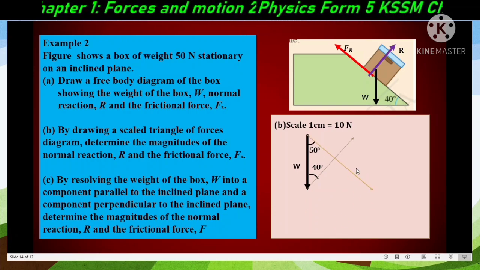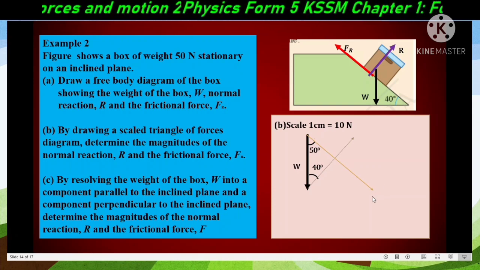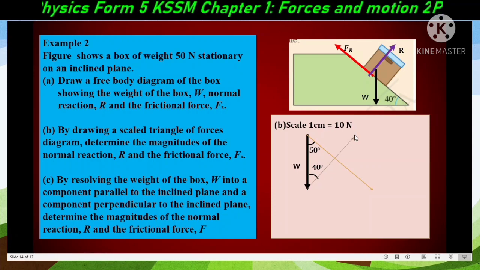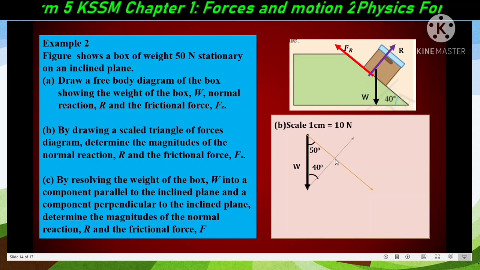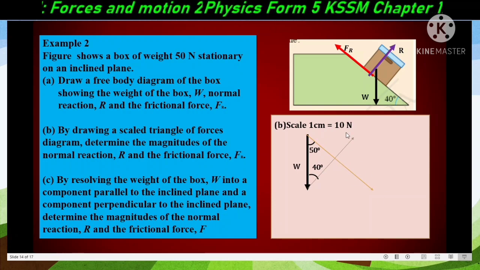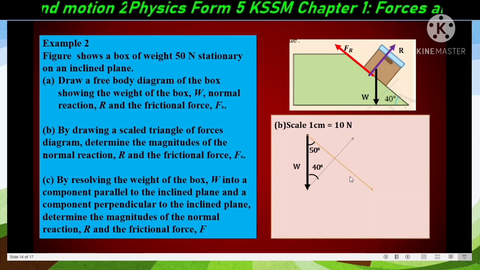We don't know the length, we just draw a straight line at 90 degrees to R. You can see the two lines meet here, meaning this part is an extra line, so you can just erase it.